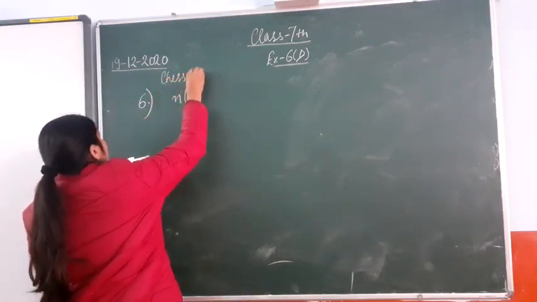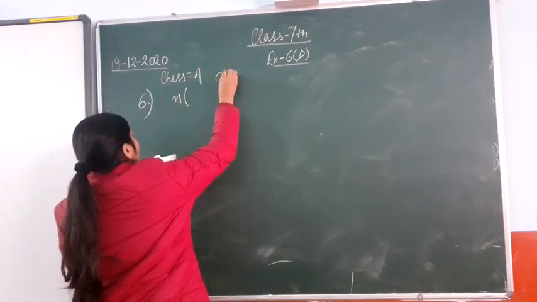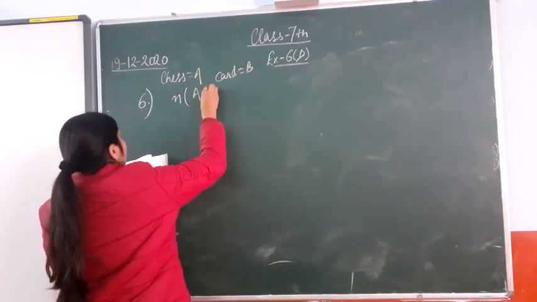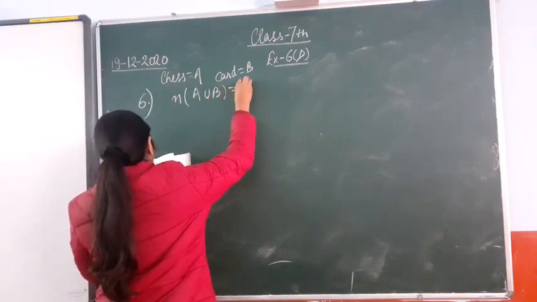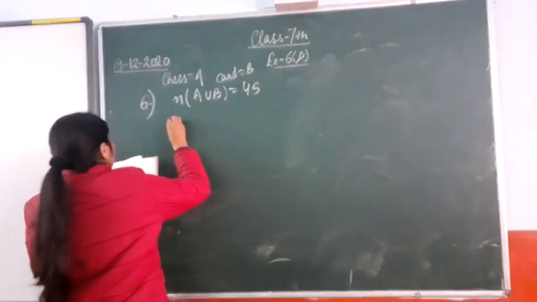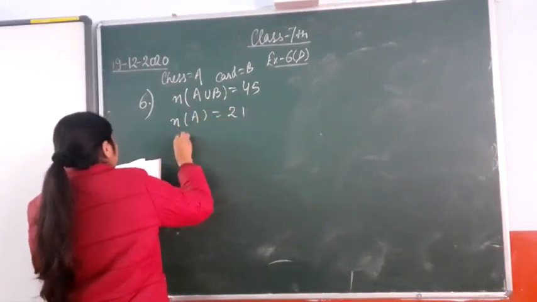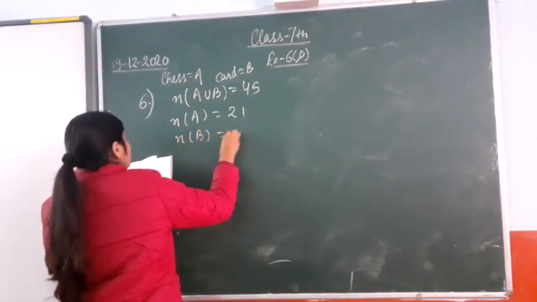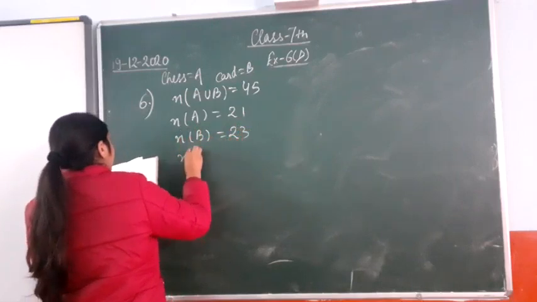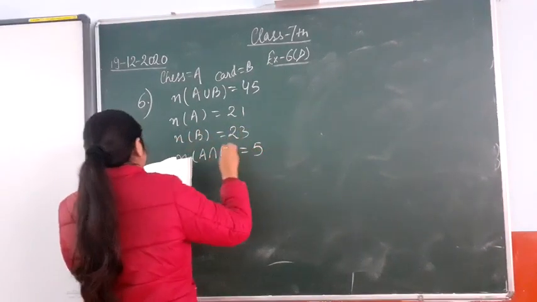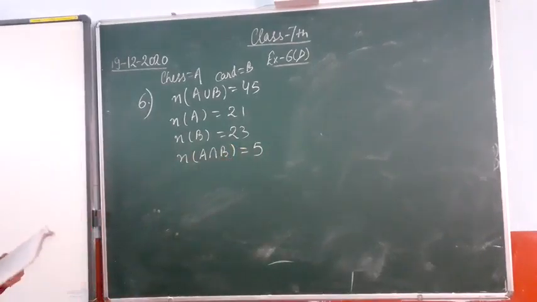Chess is equal to A, cards is equal to B, and n(A union B) is given as 45, and n(A) is given as 21, and n(B) is given as 23, and n(A intersection B) is given as 5. Fine. This is what is given in the question.